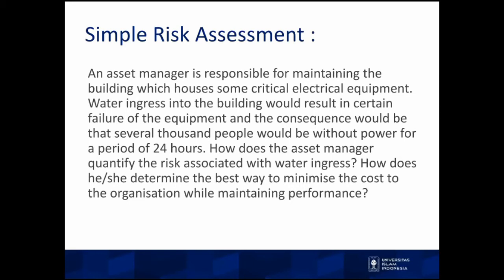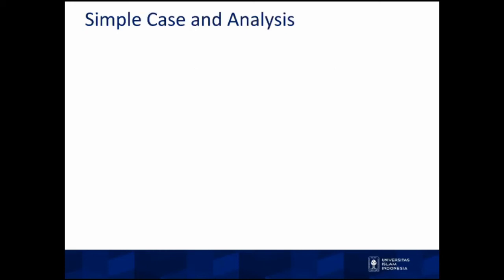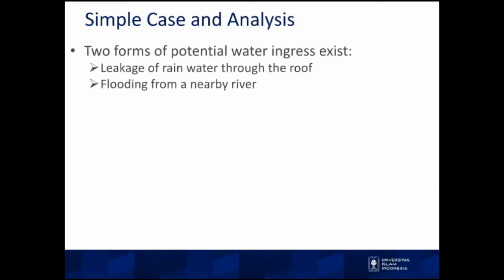So how does the asset manager quantify the risks associated with the water ingress? And how does the manager determine the best way to minimize the cost to the organization while also maintaining performance? For this simple case, what we need to do is acquire more information regarding the risk.